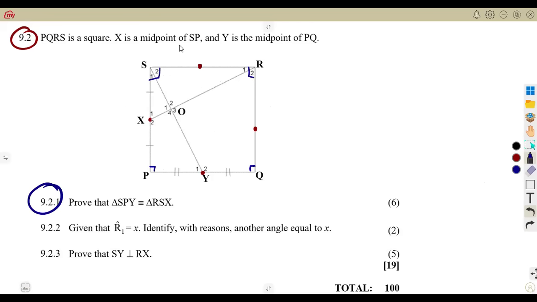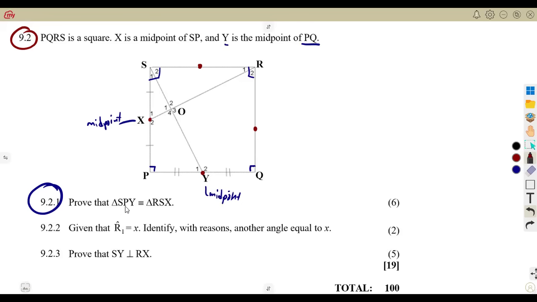We are given that X is the midpoint of SP. Then also, Y is the midpoint of PQ. Midpoint means it is being divided into two.